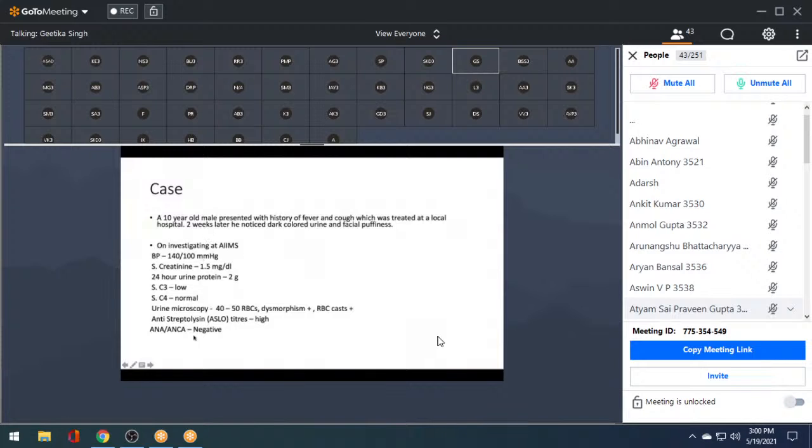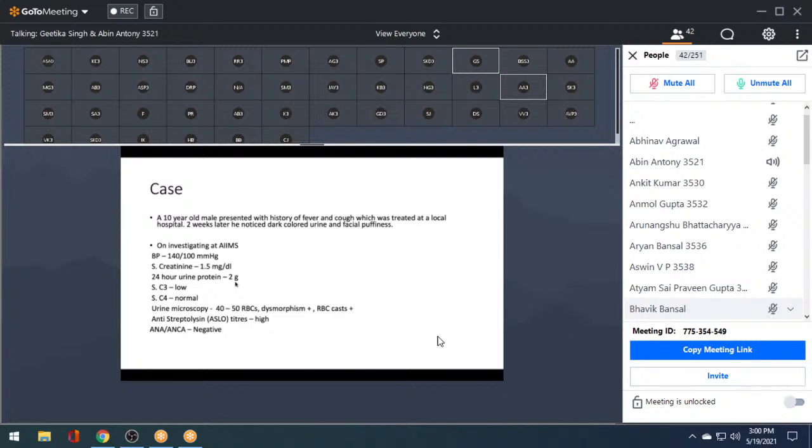I'm going to take you through the investigations again. This child is hypertensive, has high blood pressure, and has renal dysfunction. Although I haven't said oliguria, there is definitely some azotemia. There is urinary protein of 2 grams. When we first spoke in the case study, the usual protein coming out in 24 hours is only, does anybody remember?